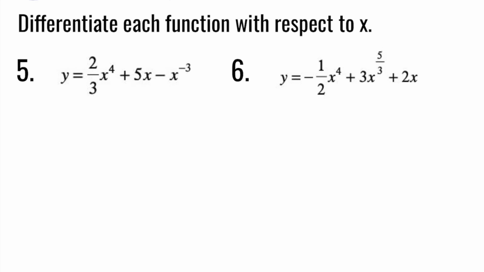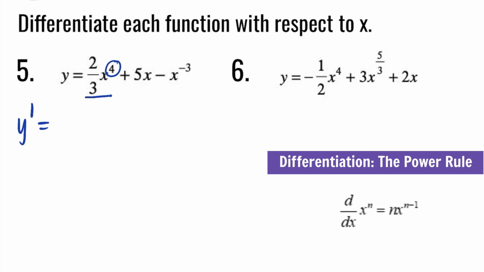Question 5. y is equal to 2/3 x to the 4th plus 5x minus x to the power of negative 3. So let's find the derivative y prime or dy over dx. For the first term, the exponent is 4, so we will have 4 times 2/3 x to the power of, instead of 4, that becomes 4 minus 1, that is 3.